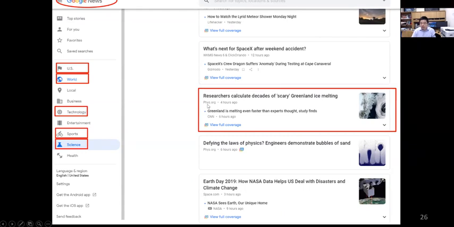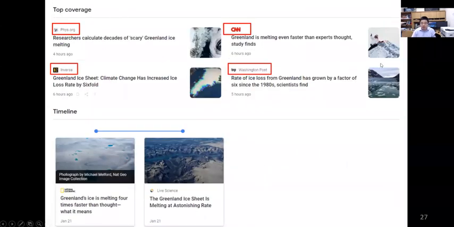One of the stories in this category is something about the Greenland ice melting. And if you click this view for coverage, you will be directed to a web page where you see all the different news articles or reports on the same topic from different agencies.